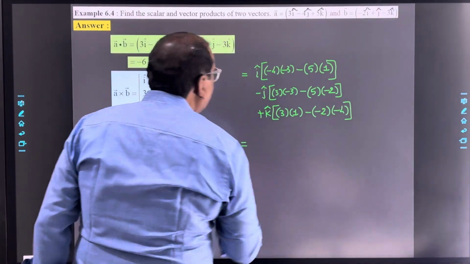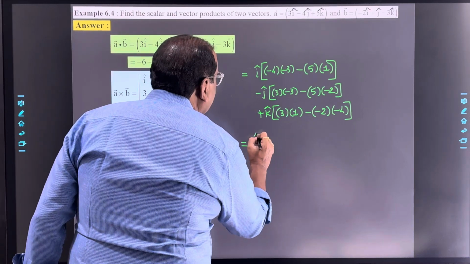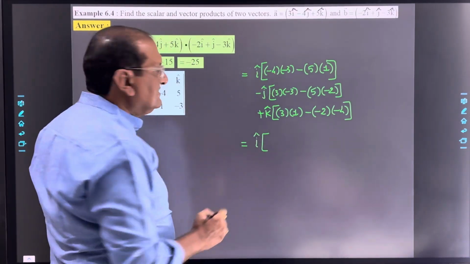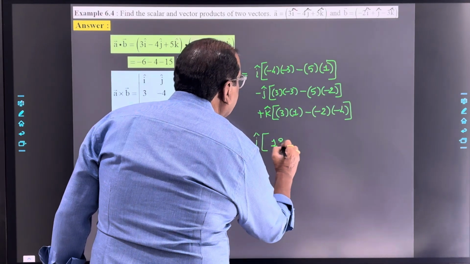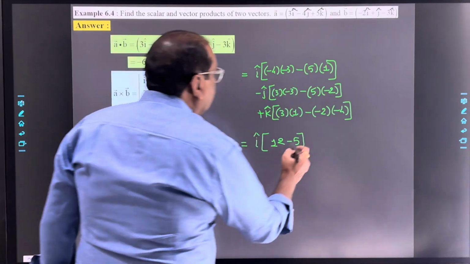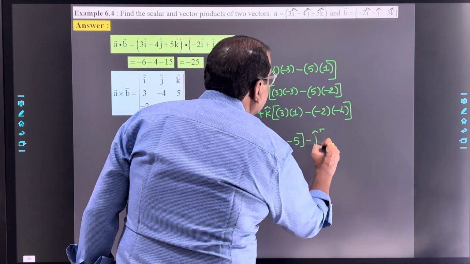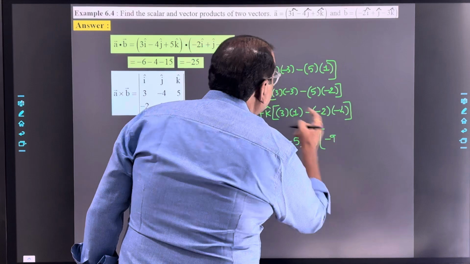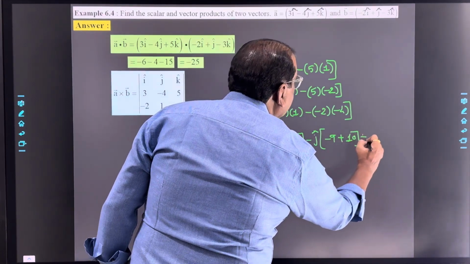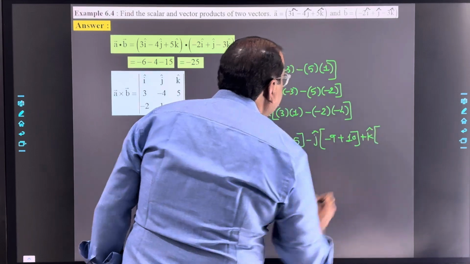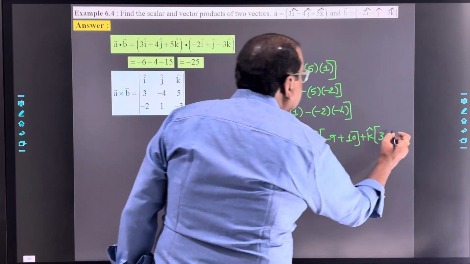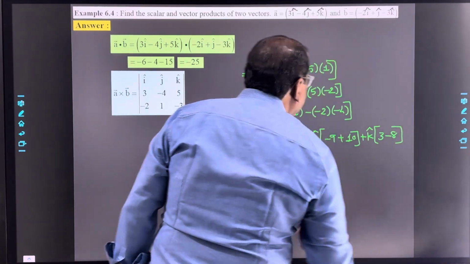So that is equal to, now i caret into minus 4 into minus 3, that is 12, then minus 5, then minus j into minus 9 plus 10, then plus k caret into 3 minus 8.